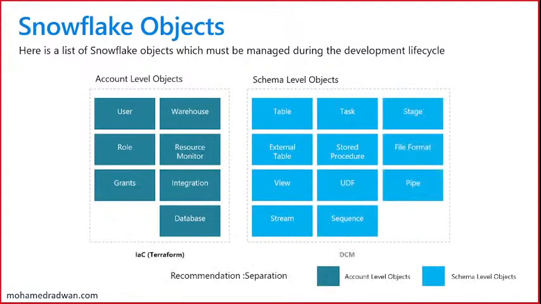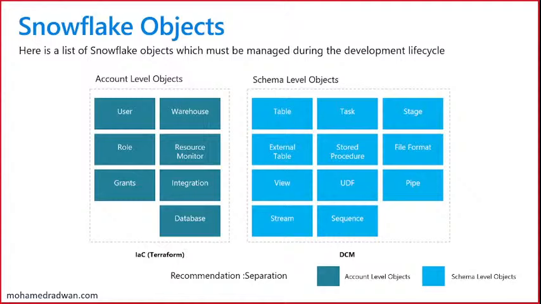So the recommendation is to have a separation between how you manage the account level objects and how you manage the schema level objects. For example, the account level objects can be managed using infrastructure as code like Terraform, which is also configured with a CI/CD pipeline, and manage the schema level objects with proper DCM or database configuration management, to manage the schema changes and so on.